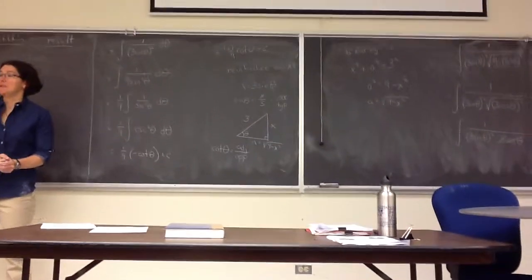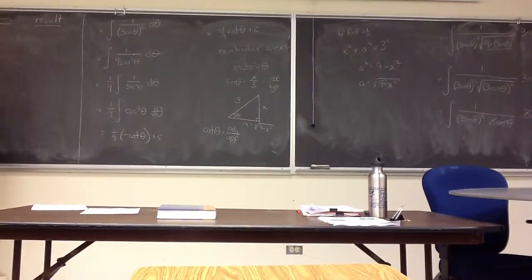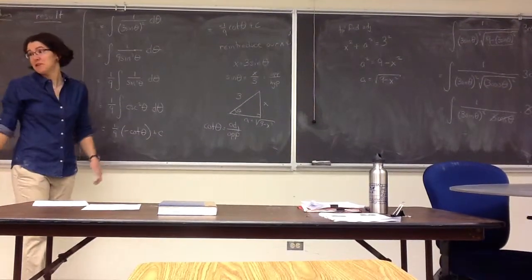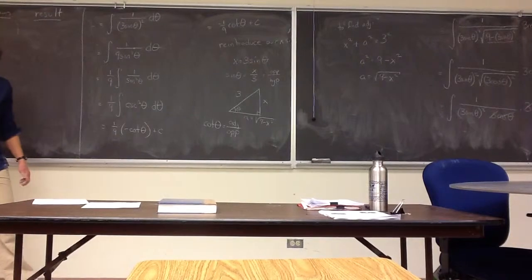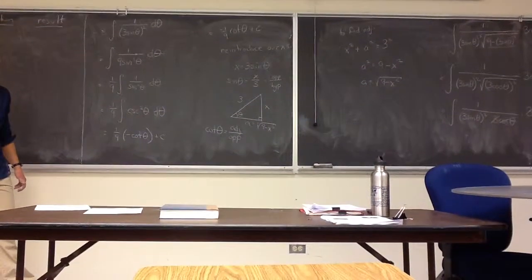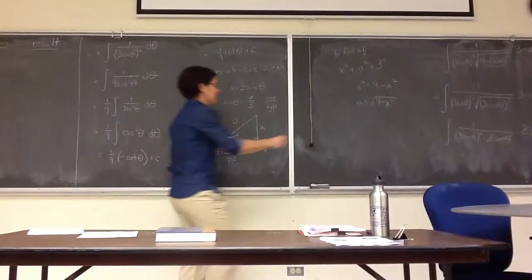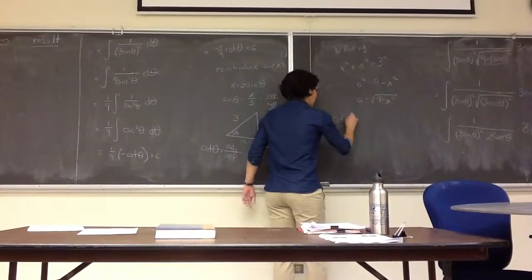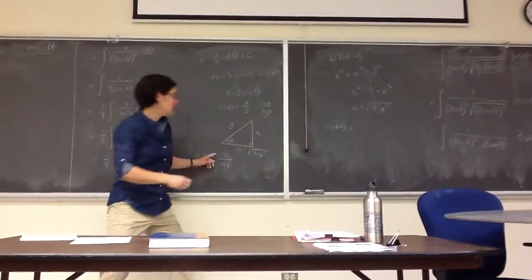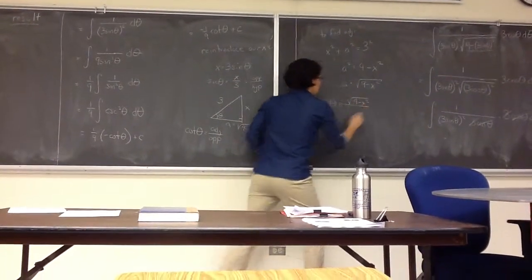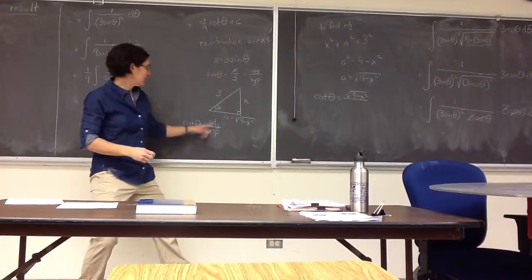No, that would be illegal algebra, to split up the square root over the minus sign. Only over multiplications. It's allowed in multiplication, but not subtraction. Okay. So now we've got our cotangent. That tells us that cotangent of theta is equal to adjacent, square root of 9 minus x squared, over opposite, which is x.